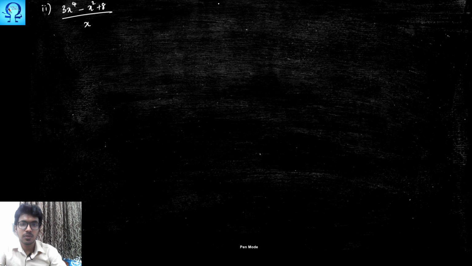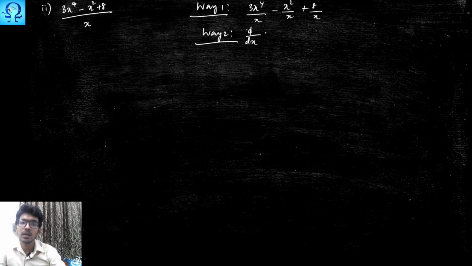Way 1 is to split the terms, that is 3x^4/x minus x^2/x plus 8/x, and do the differentiation individually. This is way 1. And way 2 is to make use of the derivative of the quotients. So using this, we may find the derivative.